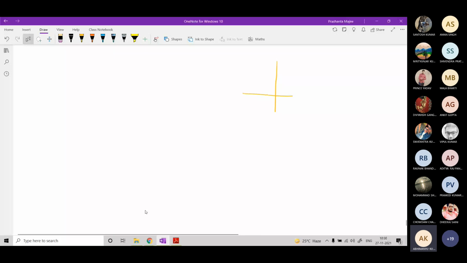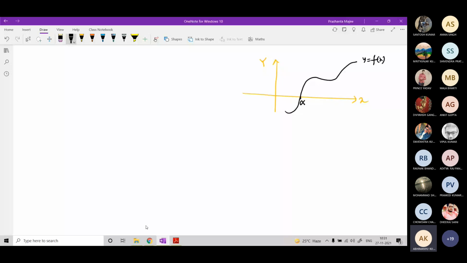This is the x-axis, this is the y-axis, and the curve is this one. This is the root alpha. If the equation of the curve is y equals f of x, then the root is given by alpha. Is it okay so far?